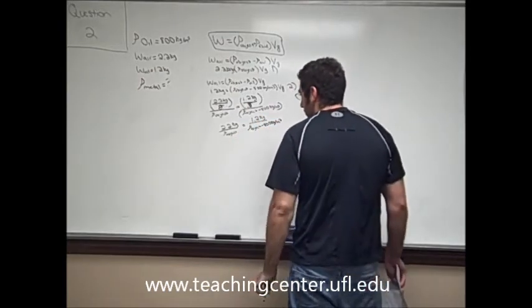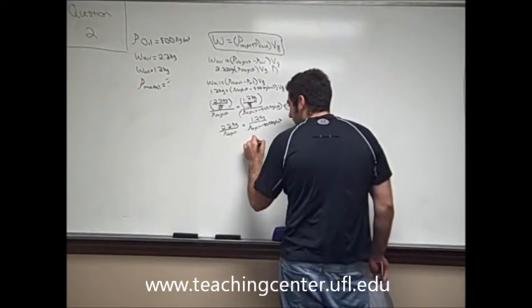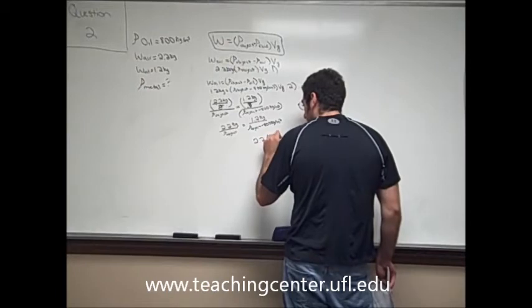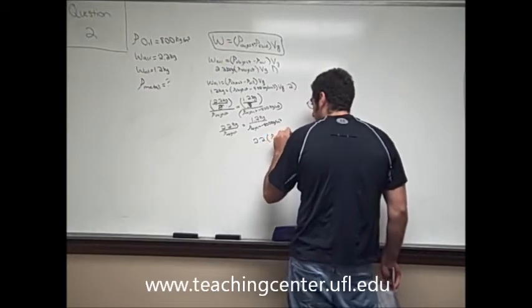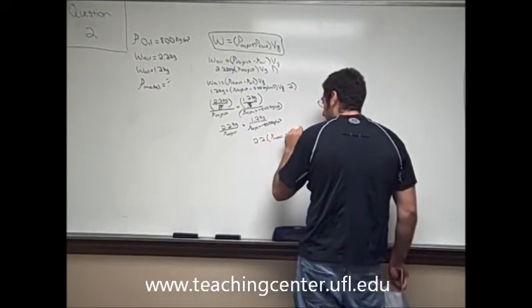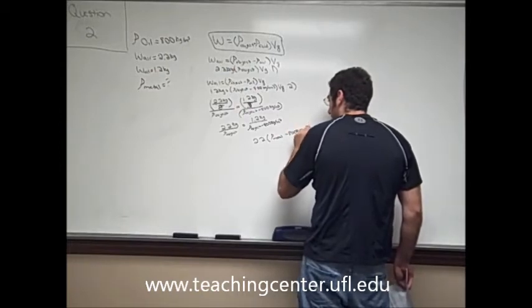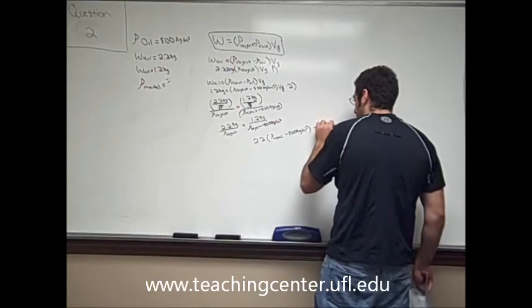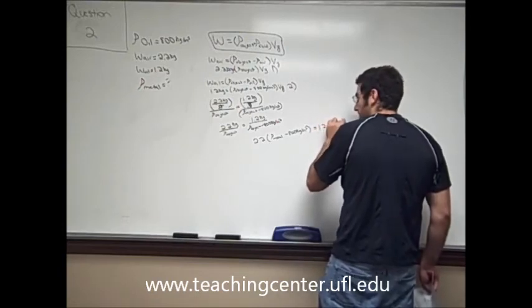Now we have to cross multiply. So 2.2 times the density of the metal minus 800 kilograms per meter cubed is equal to 1.2 times the density of the metal.